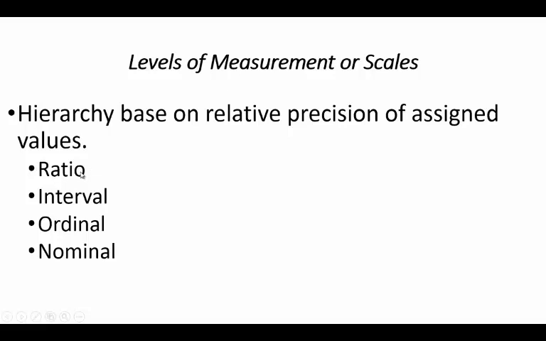This is number 1, this is number 2, this is number 3, and this is number 4. So ratio scale is much more precise than interval scale, than ordinal scale, and definitely than nominal scale. Let me give you examples.